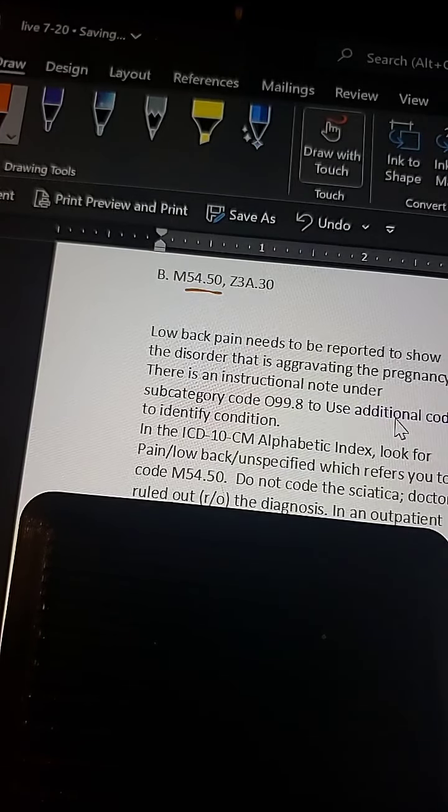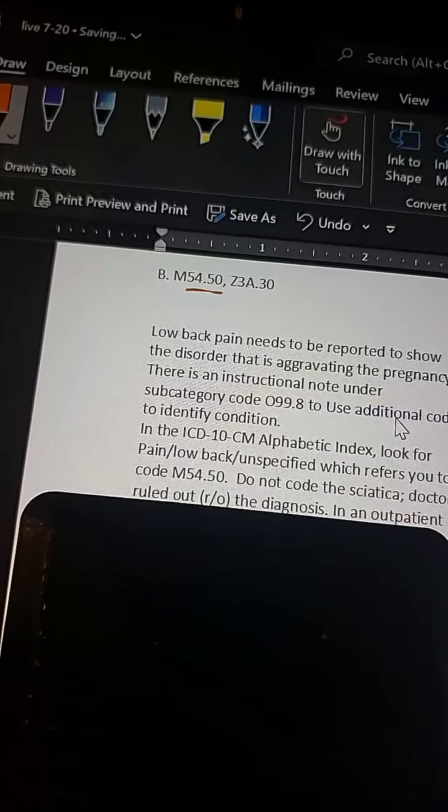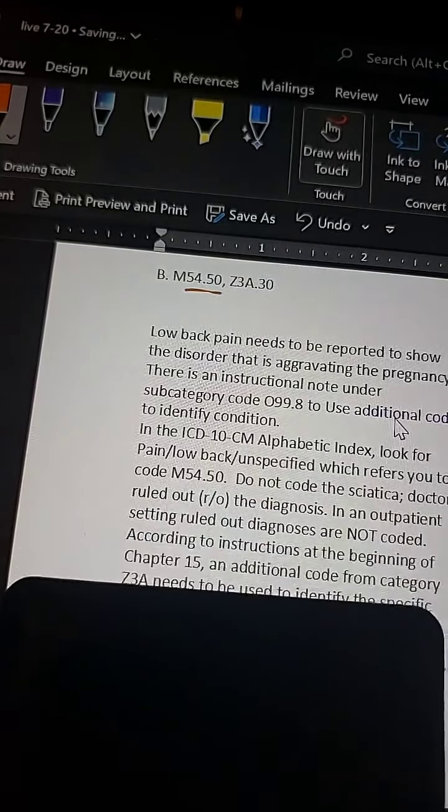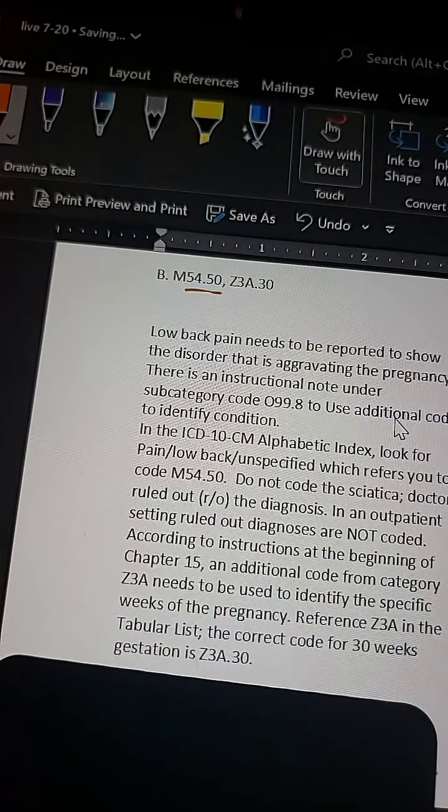And we're not going to do the one with the sciatica, if you can believe it or not, because you cannot code a rule out code. You can in the ER, technically, but what AAPC wants is the answer of no rule outs. It says do not code the sciatica.